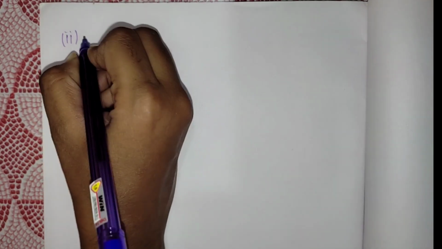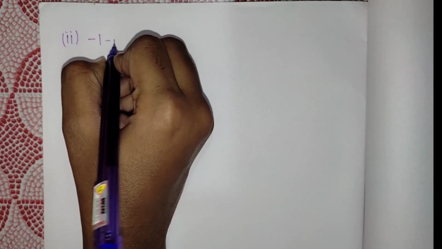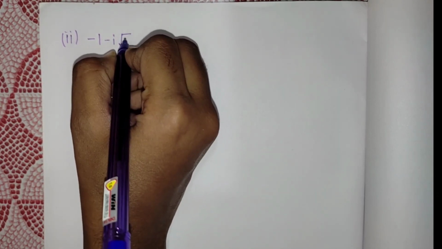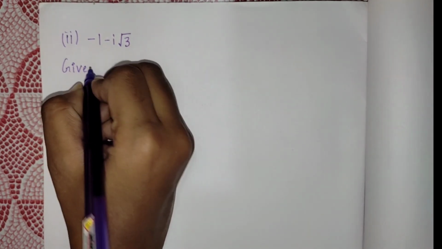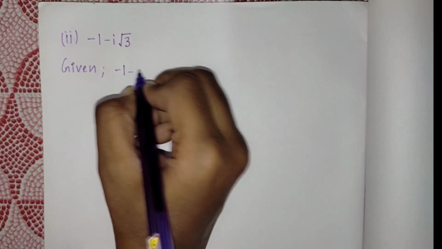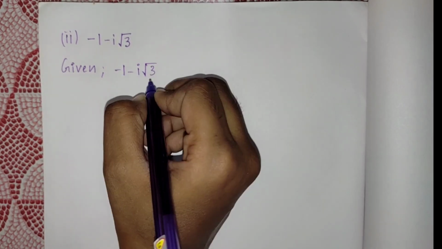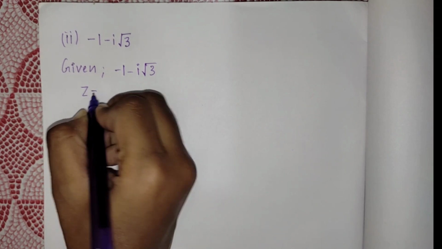Second sub question, minus 1 minus I root 3. Given minus 1 minus I root 3, assigned with z equal to minus 1 minus I root 3.